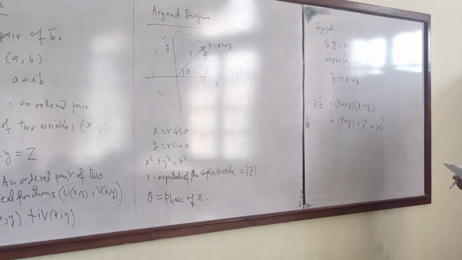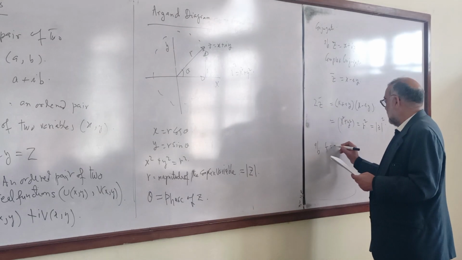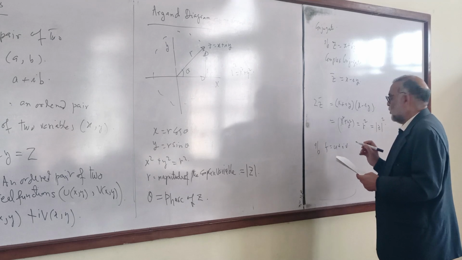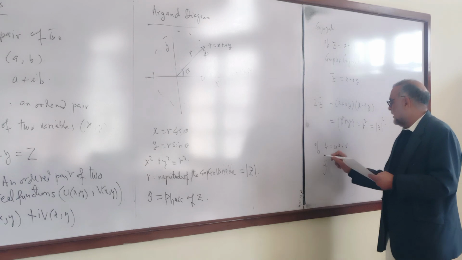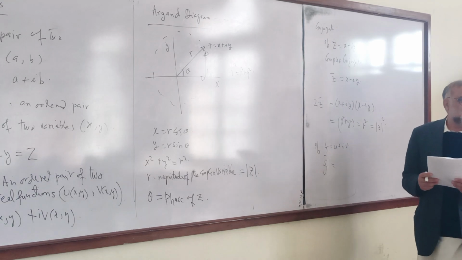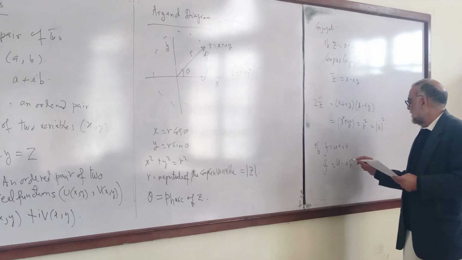If f is equal to u plus iv, then f bar, which is the complex conjugate, will be written as u minus iv.